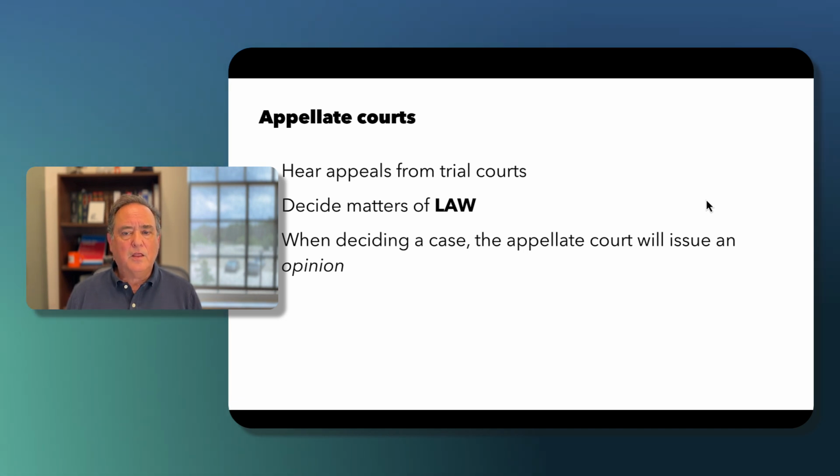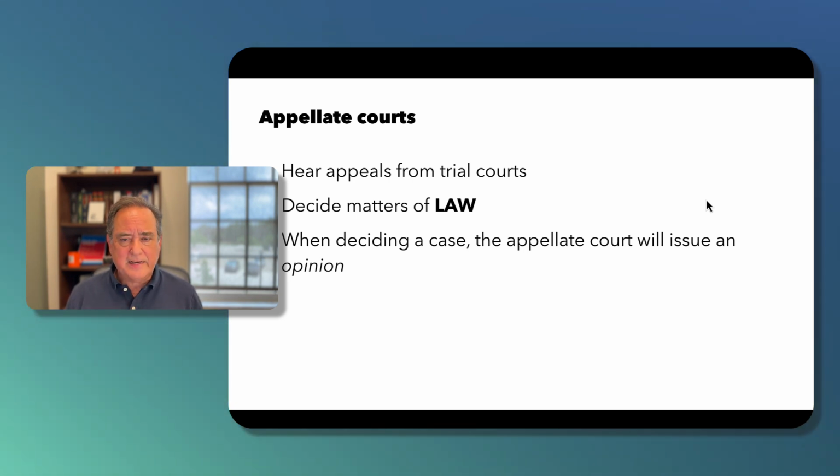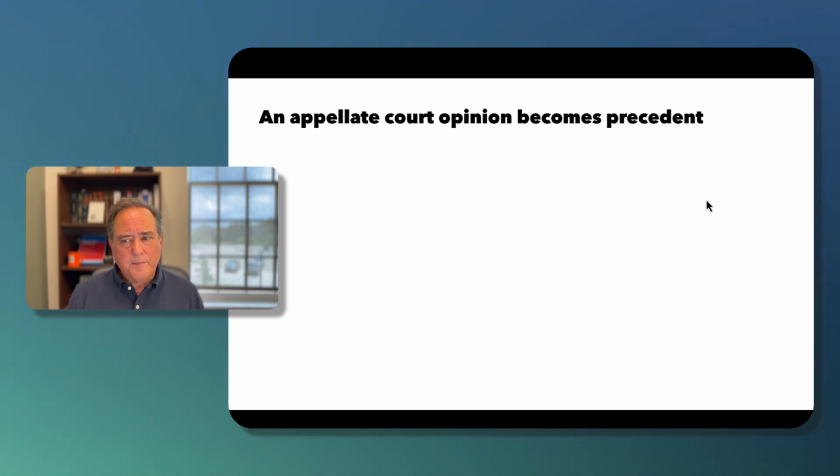They become the law for all future cases involving similar facts and issues as the case at hand. Now, an appellate court opinion becomes a precedent. So every trial court within the jurisdiction of that appellate court is bound to follow that rule.